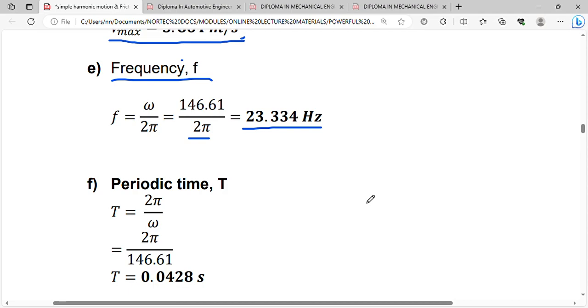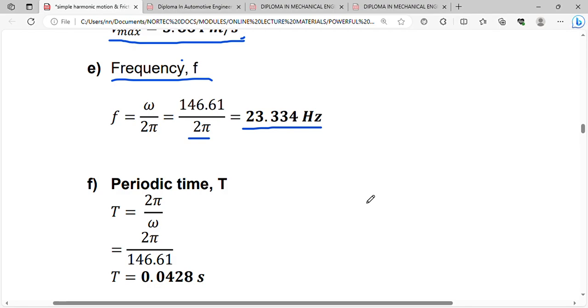Yes, so in the case of frequency, we have 146.61, then we divide by 2 pi. You can also try to verify that 23.334 Hz is correct. This is for periodic time. And remember, frequency refers to the number of cycles generated per second or per unit time.